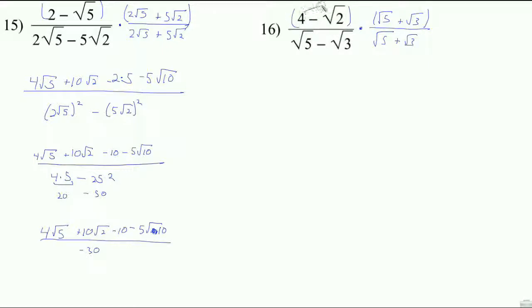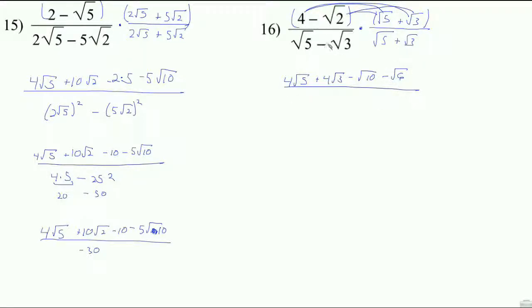We can get everything in here, 4 times root 5 plus 4 times root 3 minus, we got a minus here, root 2 times root 5, so minus root 10. And then our last one, negative root 2 times 3 is negative root 6.